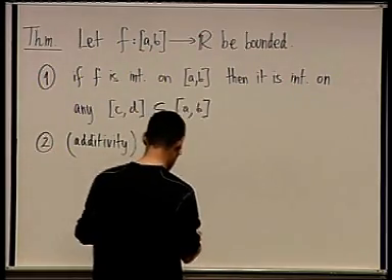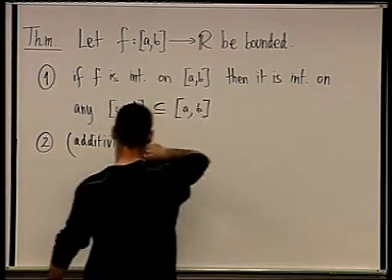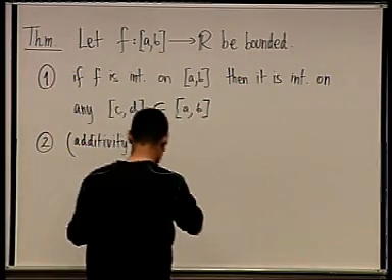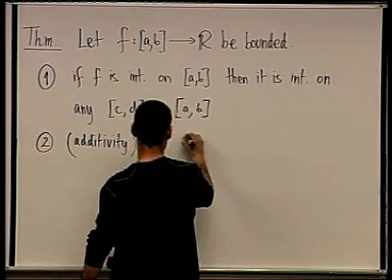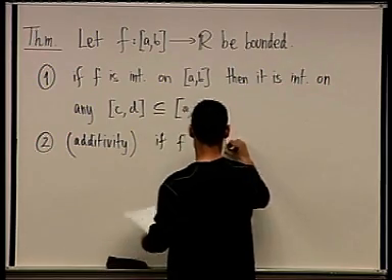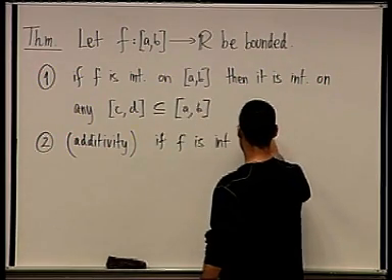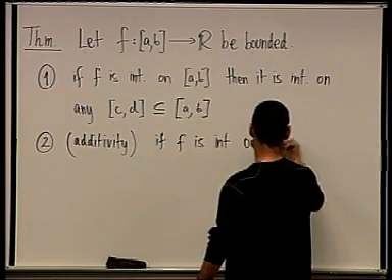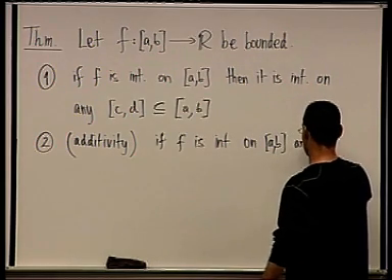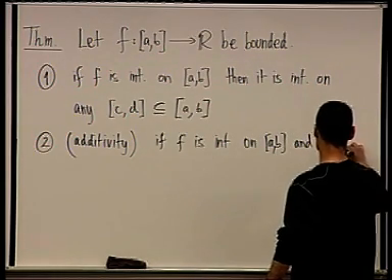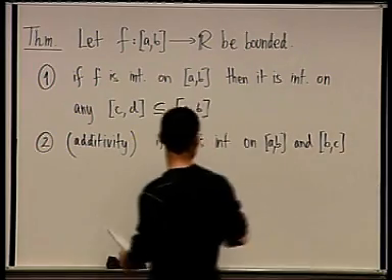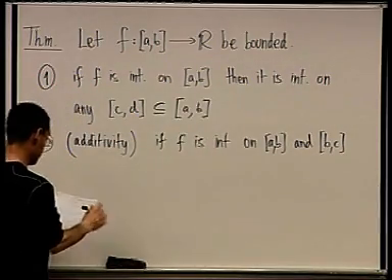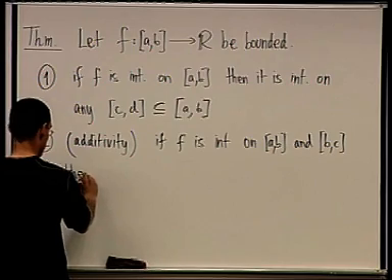Additivity says the following. It's kind of the other direction to this. If f is integrable on [a,b] and [b,c], so suppose you know it's integrable on these two intervals, then guess what?